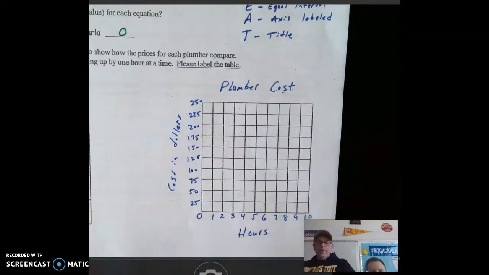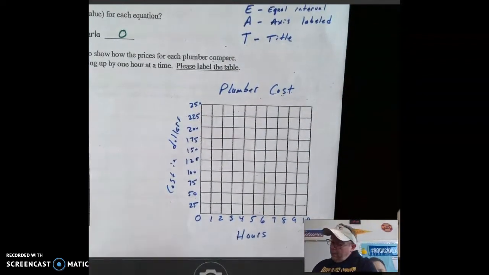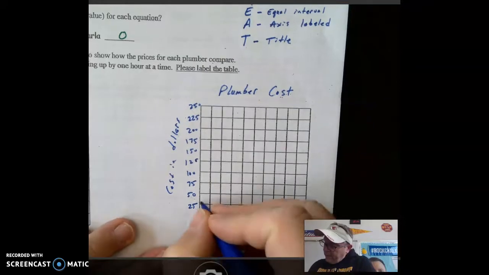Okay, so I'm going to go ahead and graph Pete. So at 0 hours, Pete is at 30.